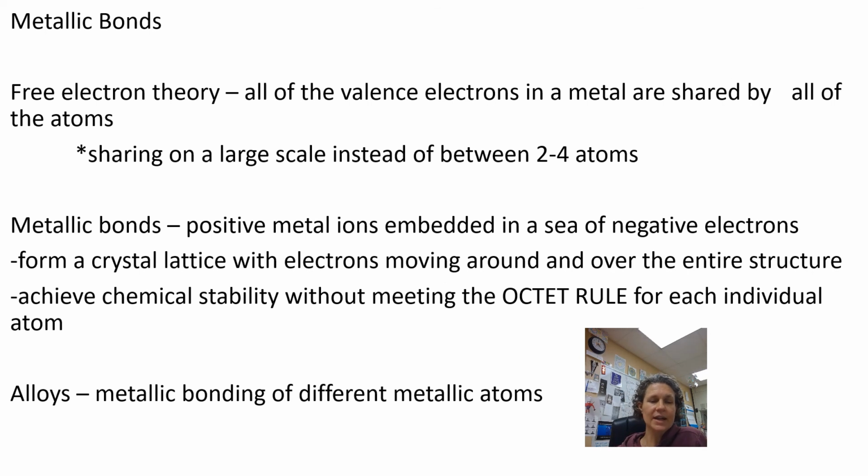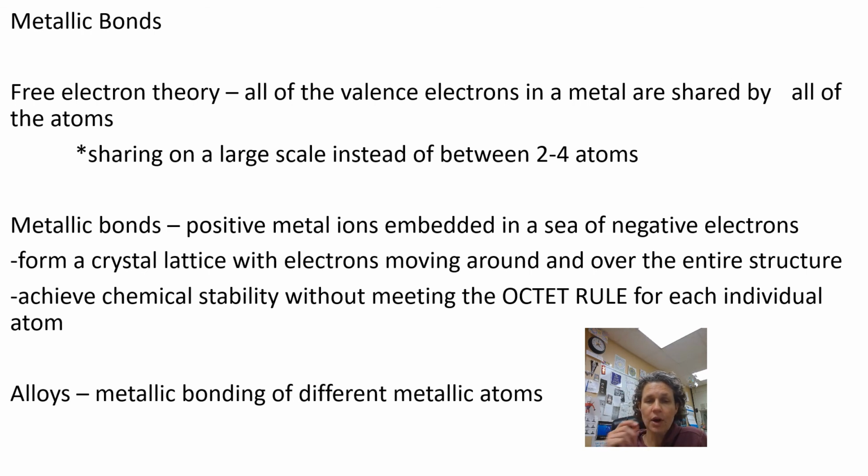Okay, now last type of bond, metallic bonds. Metals typically follow what we call the free electron theory. And this is where all of the valence electrons in a metal are shared by all of the atoms. And this is like sharing on a much larger scale. It can be between 2 or 4 or even more atoms than that.